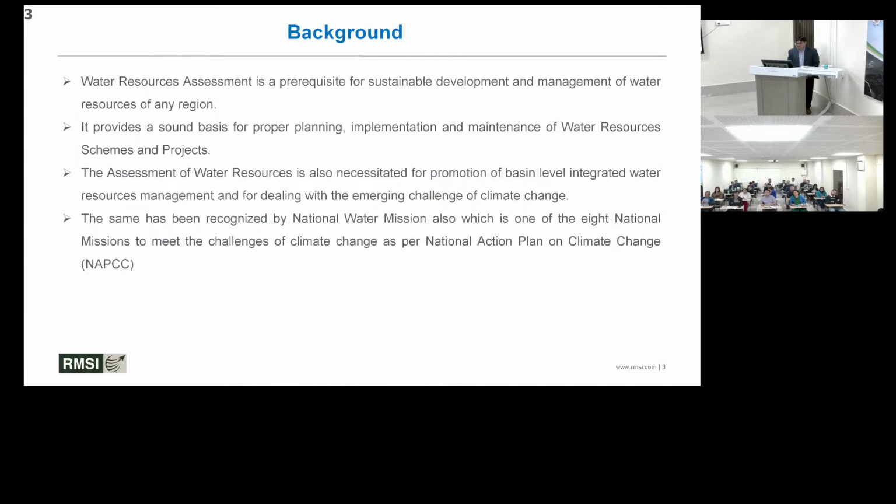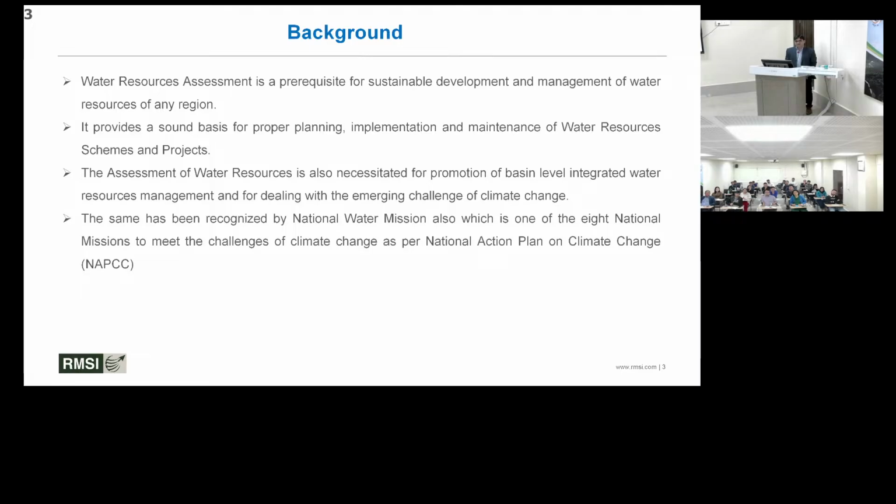Just to tell you the background of surface water assessment, why this is required. This is an important activity while estimating water resources for a project. If you are planning to consume water or divert water from the system, then you should have this information: what is the available water in my system.